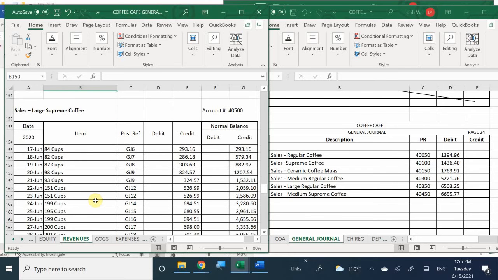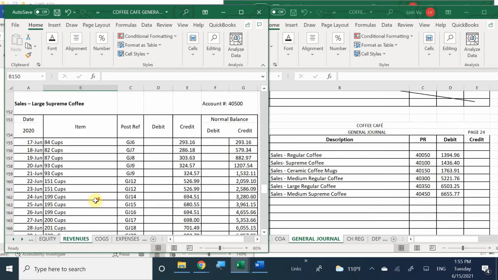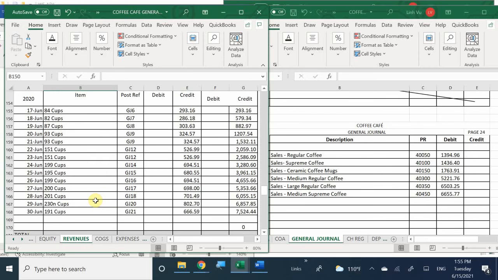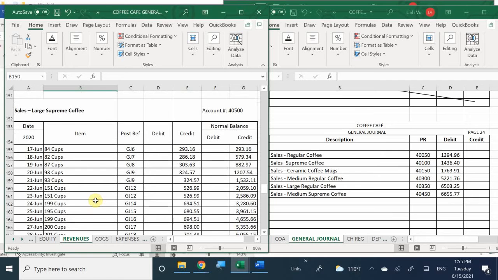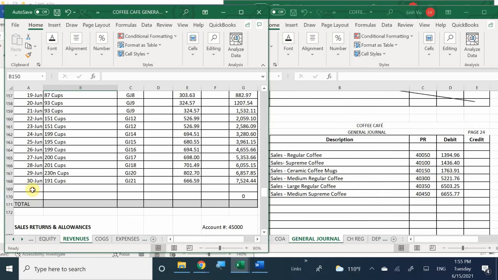Next one we have is the sales large supreme coffee, account number 4500. Again, we're going to be closing this account.